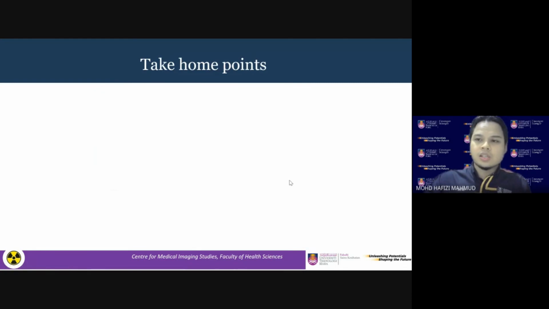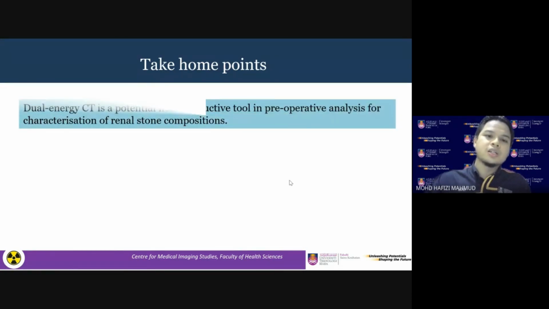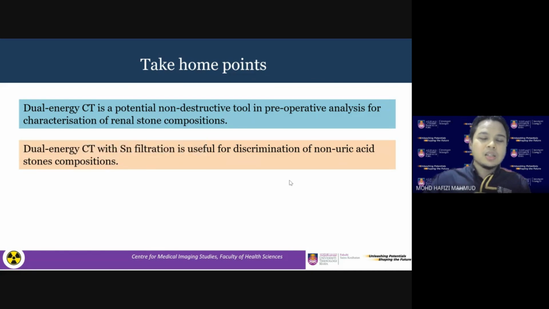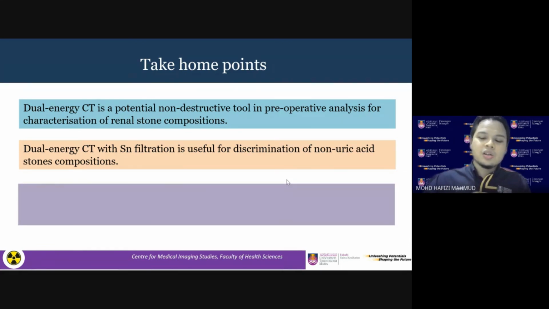Okay, I hope this is the last one. The take-home points. Dual CT is a potential non-destructive tool in preoperative analysis for characterization of renal stone composition, and secondly, dual CT with thin filtration is useful for discrimination of non-uric acid stone composition, especially calcium-based stones.